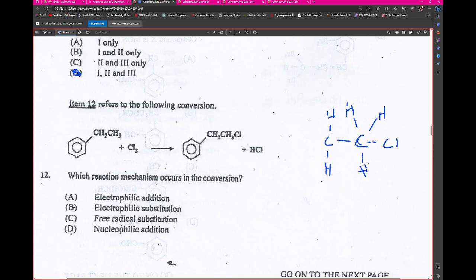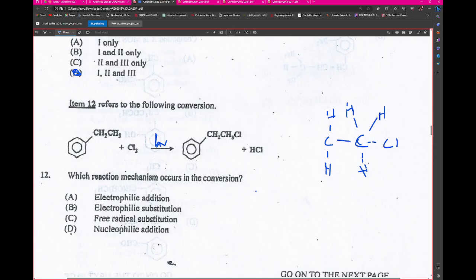But free radicals, I get what you're saying. So you're saying that the only difference with it is that UV light is present? For the 2021 paper? Yeah. Let me check. Alright, I think the mechanism will still remain as free radical substitution, but I think the product is a bit off.